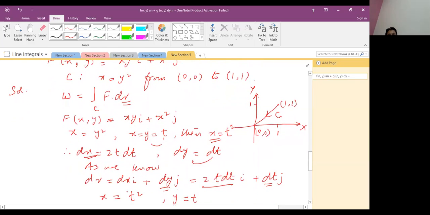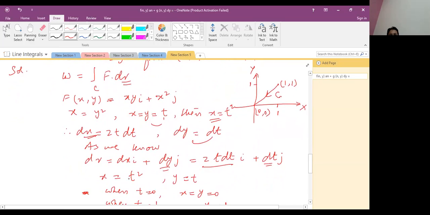Student, as we know, what is dr? Dr is equal to dx i plus dy j. Dx is equal to 2t into dt, and dy is equal to dt. What is x? X is equal to t square and y is equal to t.